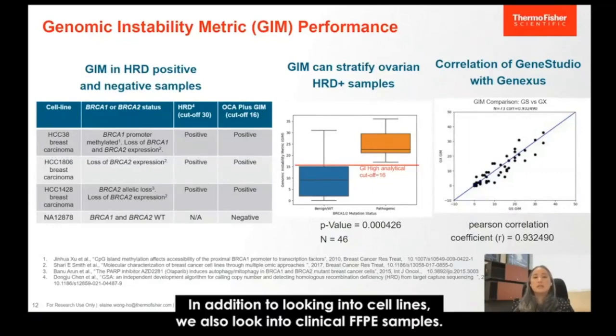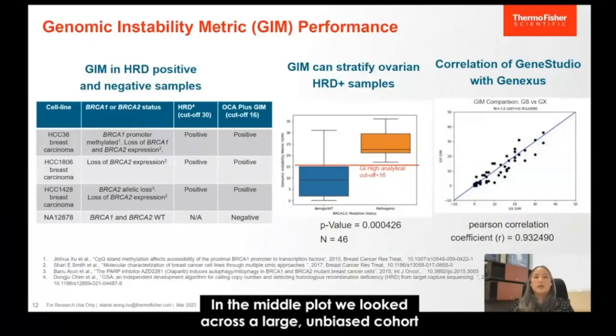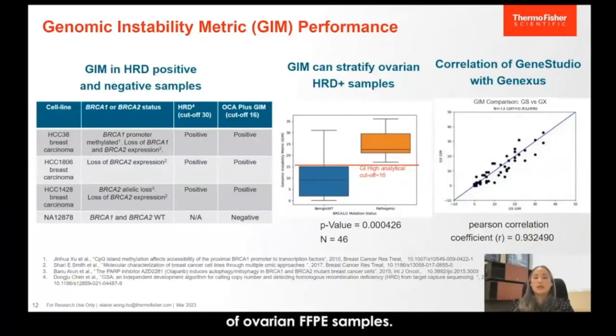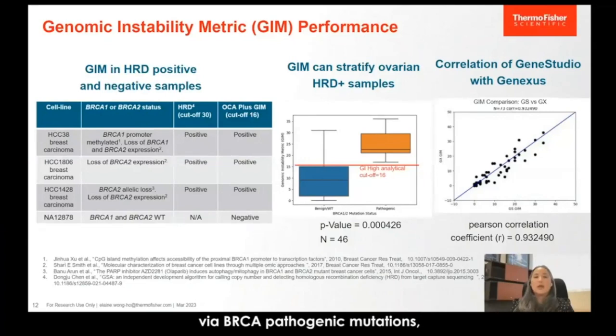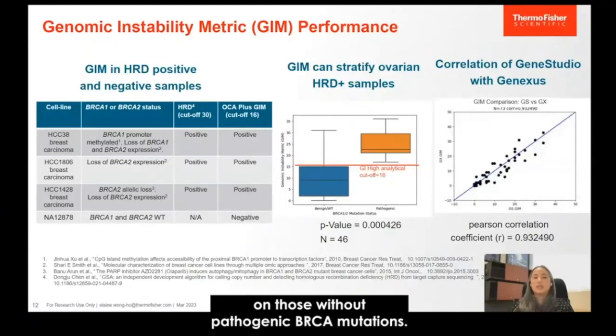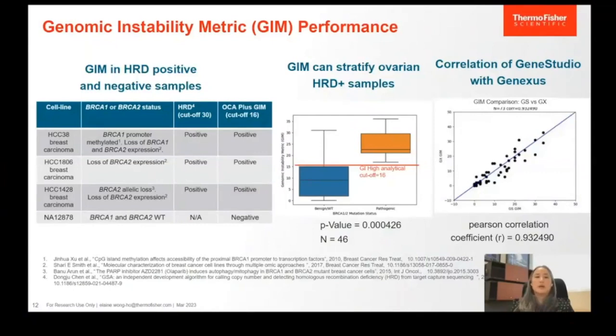In addition to looking into cell lines, we also looked into clinical FFPE samples. In the middle plot, we looked across a large unbiased cohort of ovarian FFPE samples, and then we separated this cohort into HRD positive via BRCA pathogenic mutations, as well as HRD negative, those without pathogenic BRCA mutations.